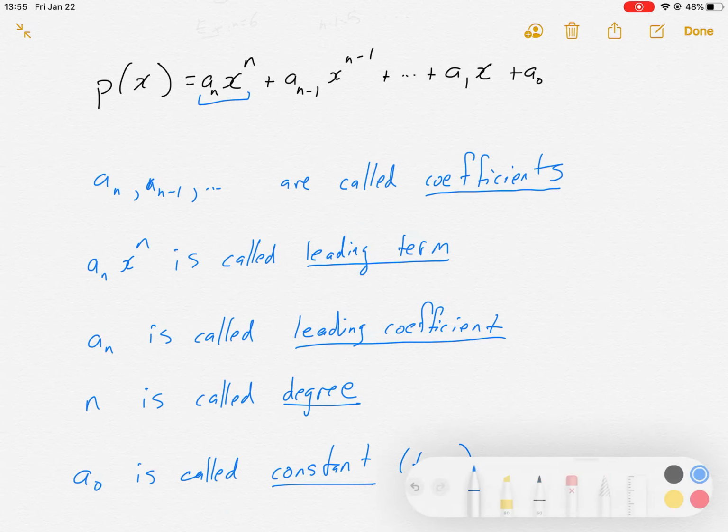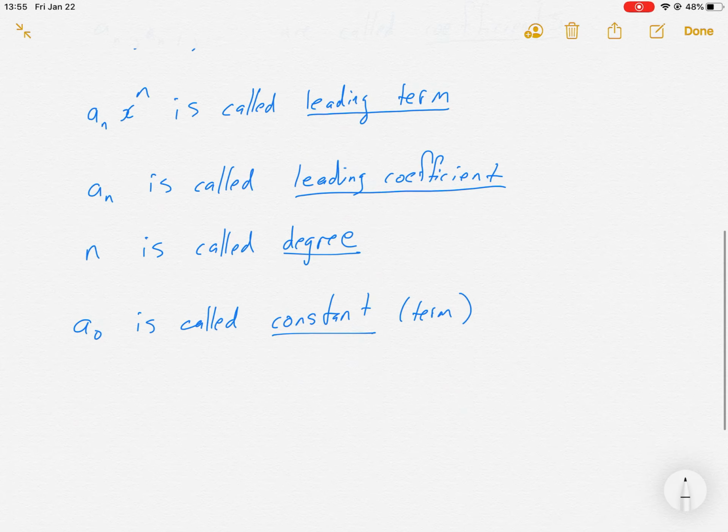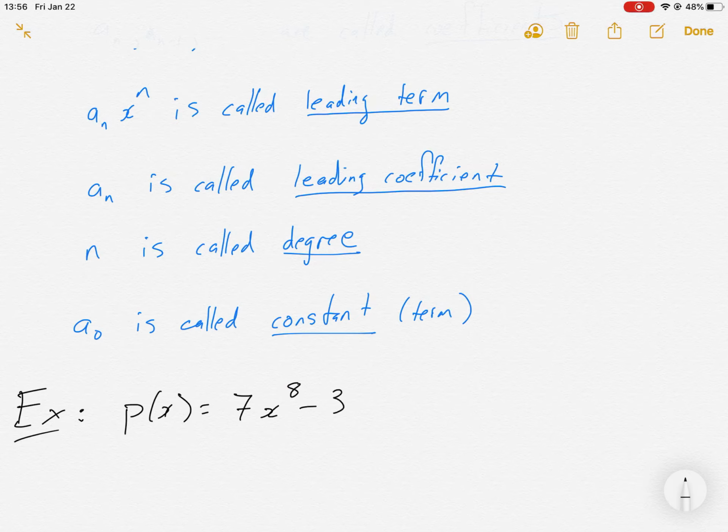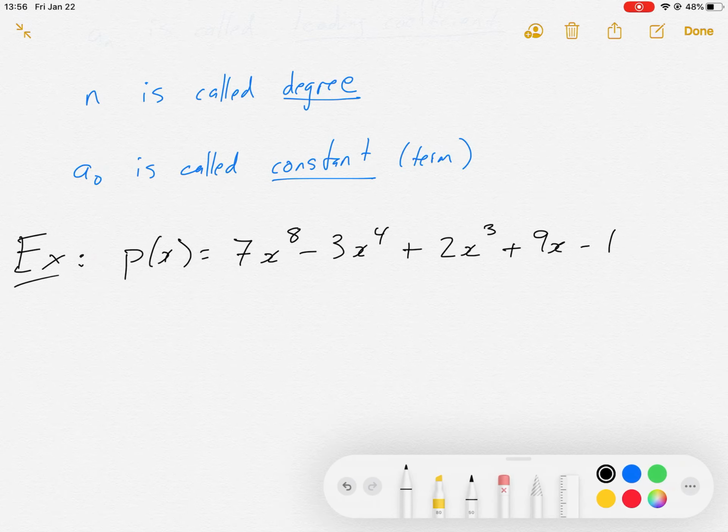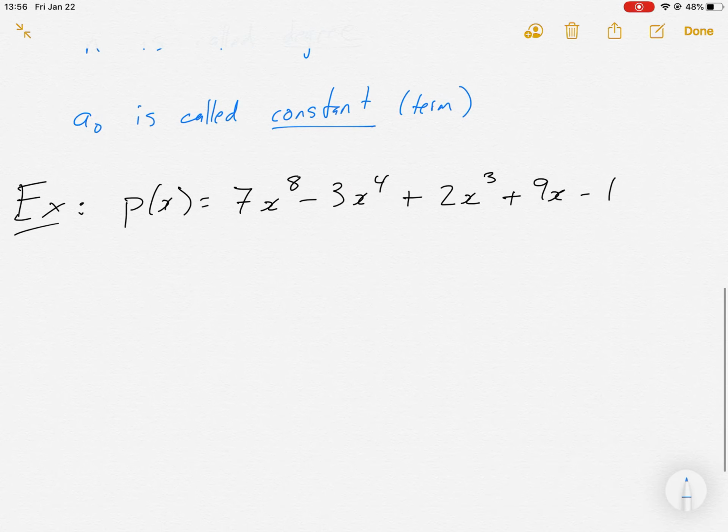Okay, now just as a really quick example, let's take a look at p of x equals 7x to the 8th minus 3x to the 4th plus 2x to the 3rd plus 9x minus 1. In this case, we would say the degree is 8 because that is the largest power I see.